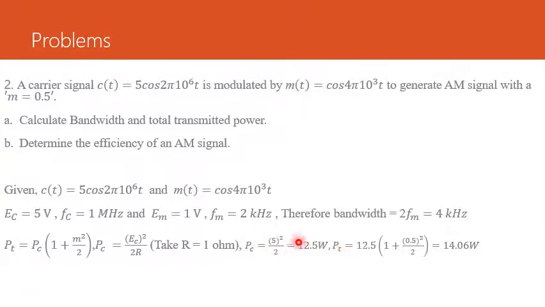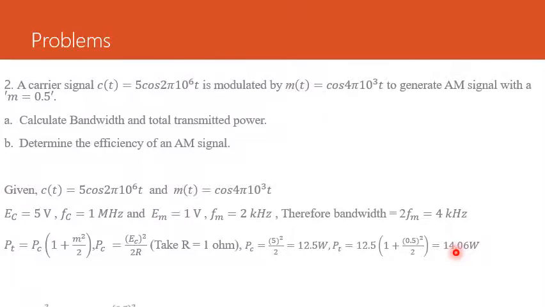If you know the carrier power, you can find the transmitted power, which is 12.5 into 1 plus 0.5 square divided by 2, where 0.5 is your modulation index, which is directly given.